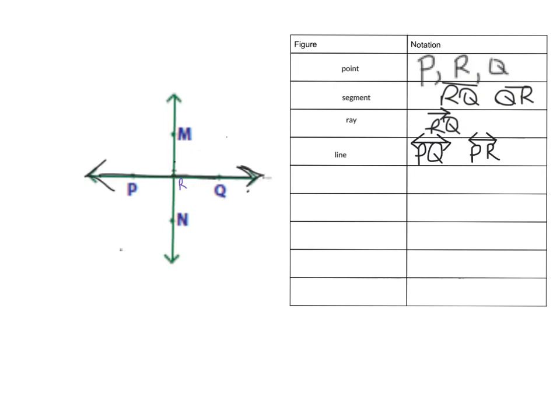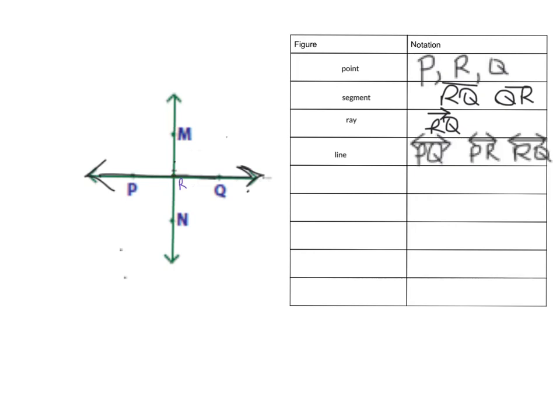We could also call this RQ. We could also put these in different order. QR would be the same line, RP, and QP.